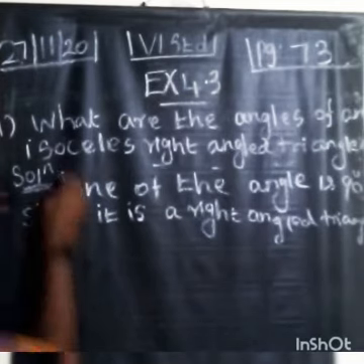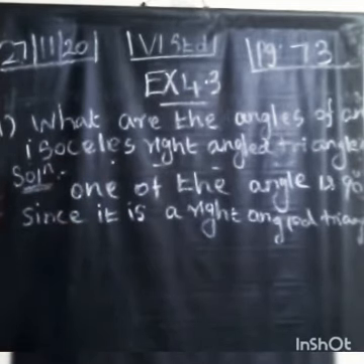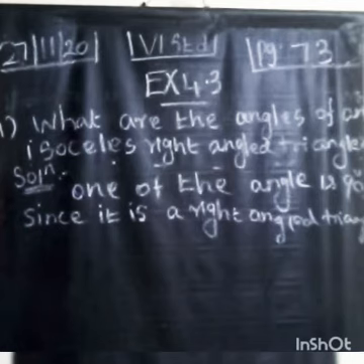And isosceles means if two angles are equal, then it is called an isosceles triangle.